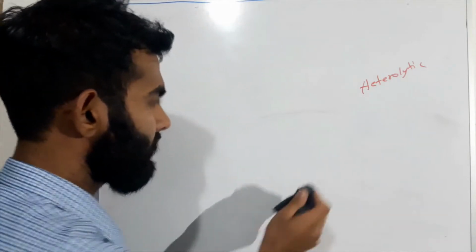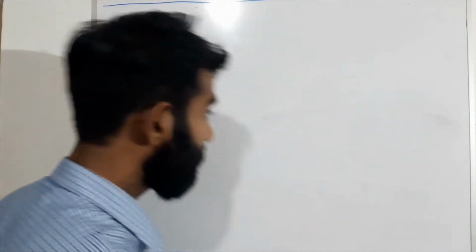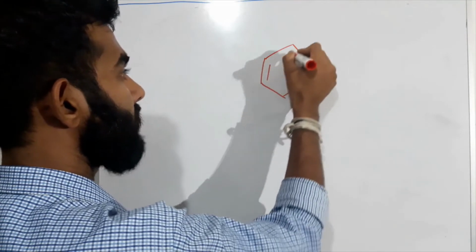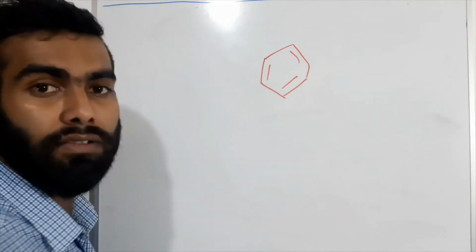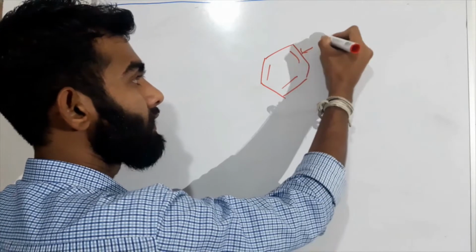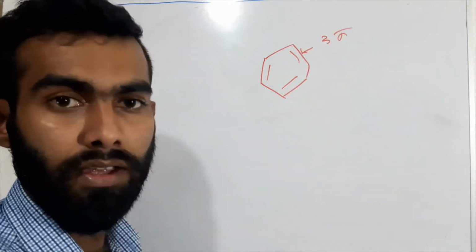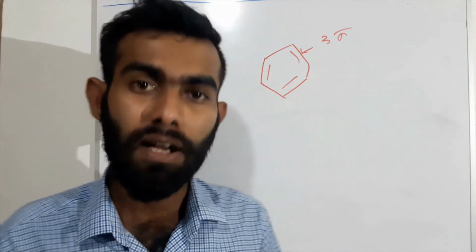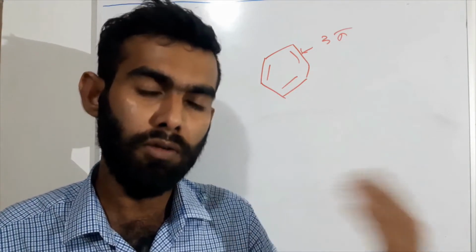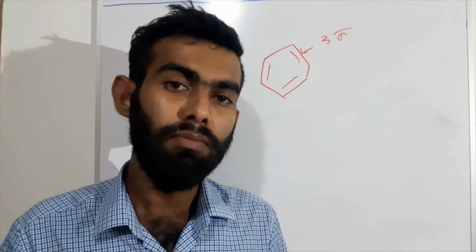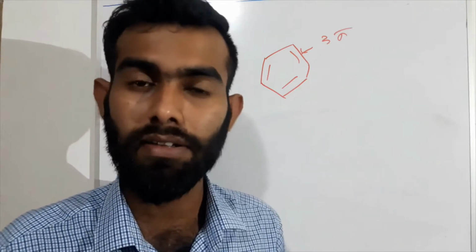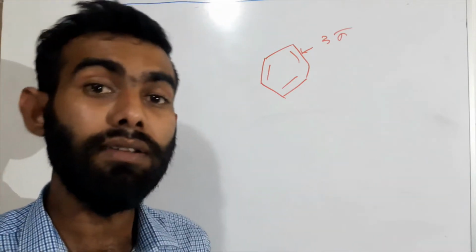So what about benzene? Benzene also contains this type of ring structure, and there are three pi bonds. You may argue with me that if benzene contains three pi bonds, it will also participate in electrophilic addition reactions like alkenes, as I discussed previously.